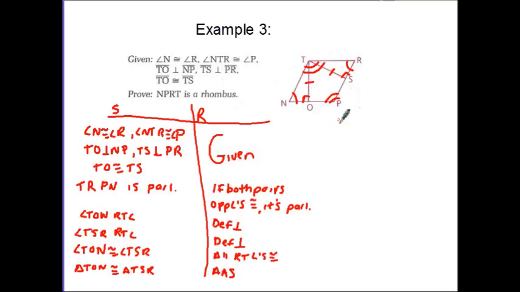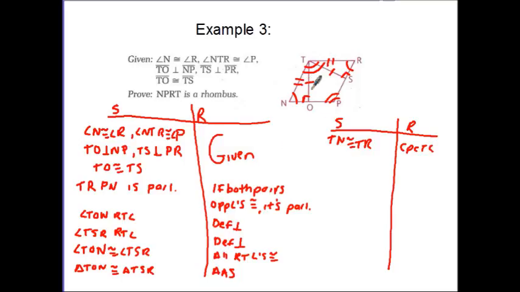So let's go ahead and I'm going to continue this on the side. For my CPCTC, TN is congruent to TR. As long as I know that I have one pair of consecutive sides, and I already know it's a parallelogram, which I got, I know that I'm going to end up with a rhombus. So I can say what I'm trying to prove.